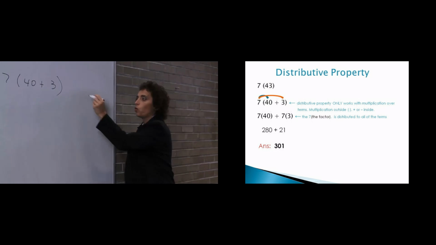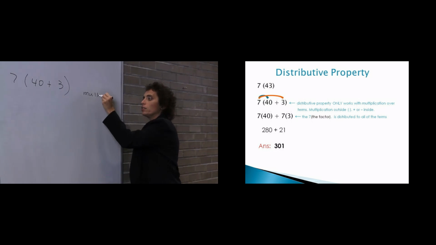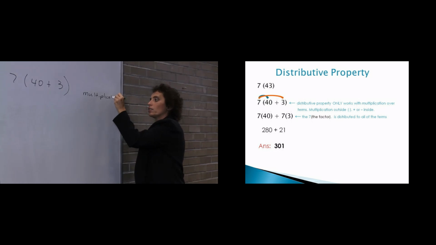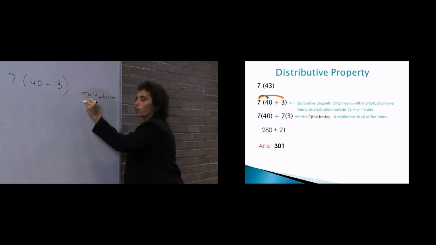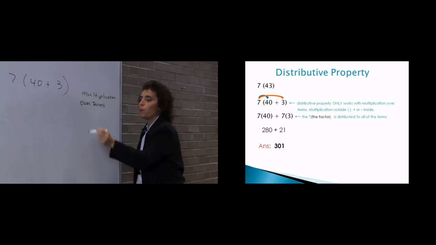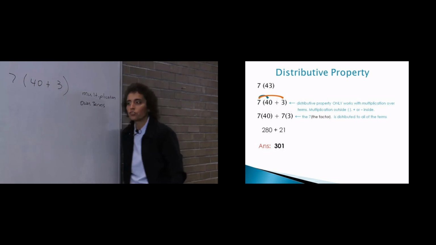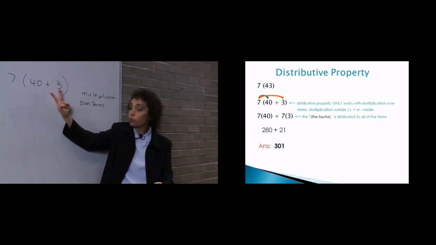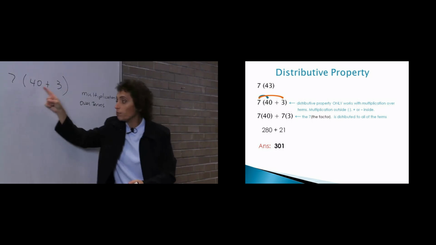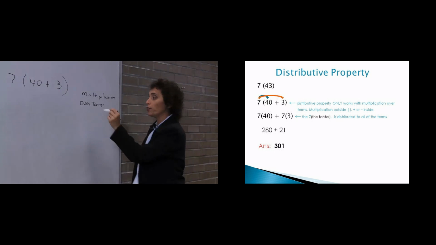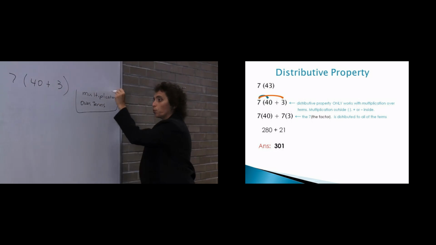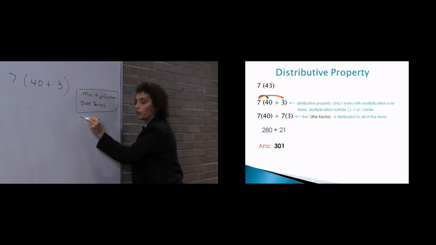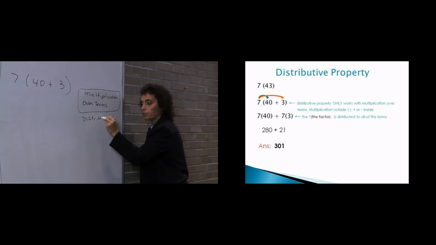This is actually called multiplication over terms. That means there's multiplication outside and terms inside. Remember, terms are attached by plus or minus, so you got a plus here. Whenever you have multiplication over terms, you have something called the distributive property.